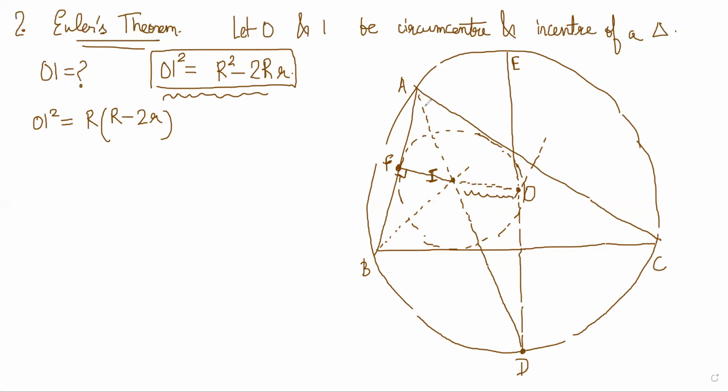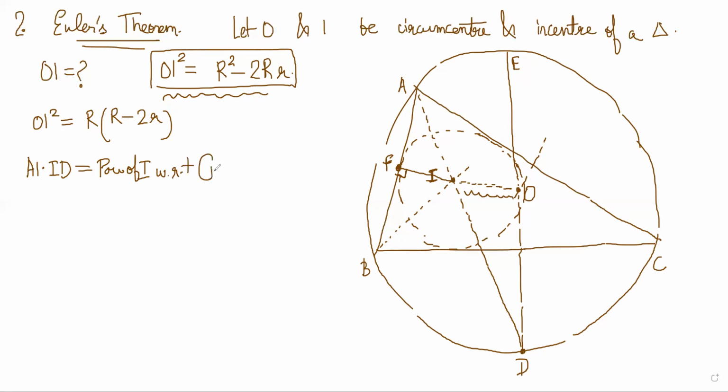Okay. So AI into ID, right? What is AI into ID? It's like the intersecting chords theorem, no? AI into ID, it's on the big circle. So that should be equal to the power of I with respect to the big circle, right?